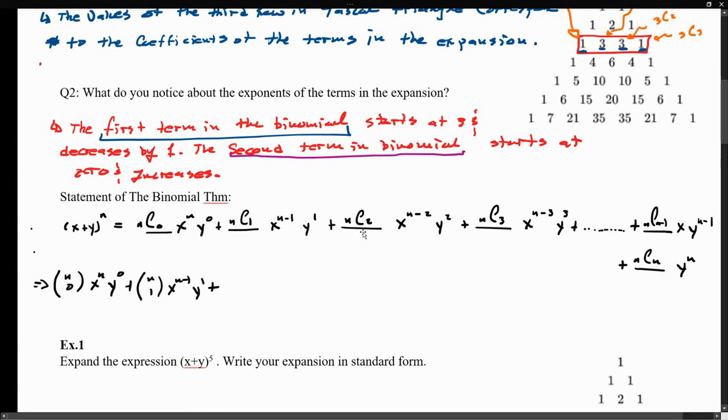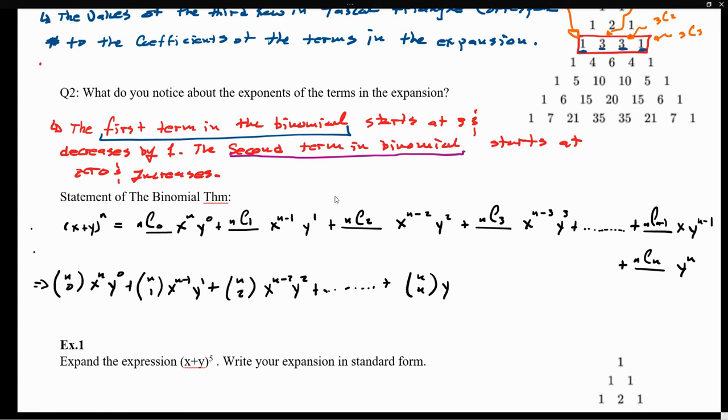And instead of calling it n choose 2, I can just write parenthesis n, 2 on the bottom, x to the n minus 2, y to the second, and so forth until we go to y to the n. So this is just a different way to rewrite the binomial theorem.